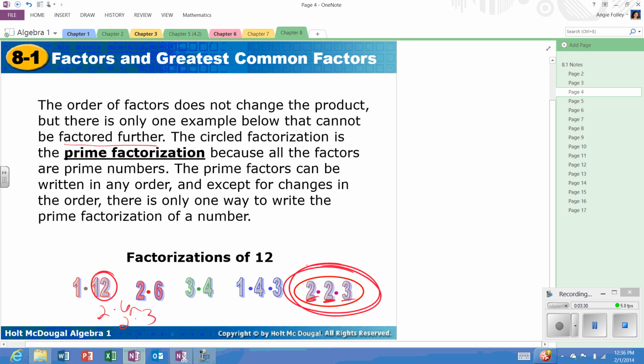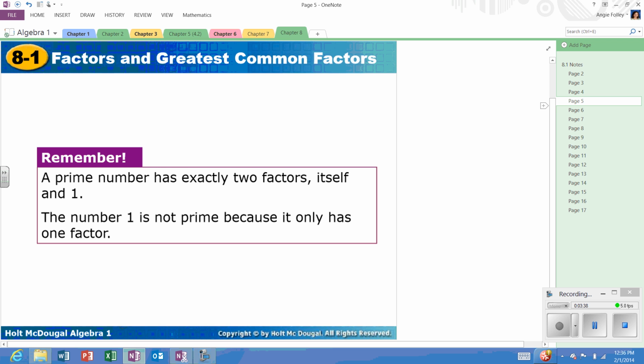So the prime factorization are all the prime factors that are written in any order. So all the numbers that are prime numbers that go into that other number. Like I said in the warm-up, a prime number has exactly 2 factors, just itself and 1. And the number 1 is not prime because it only has the factor 1.